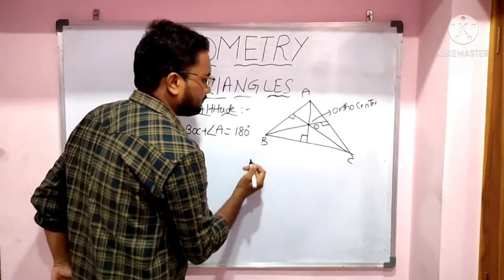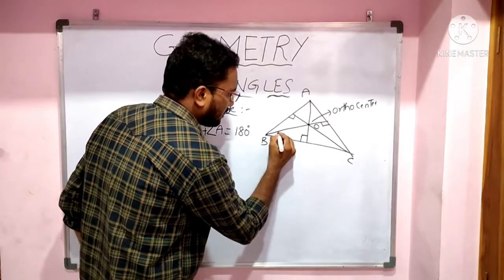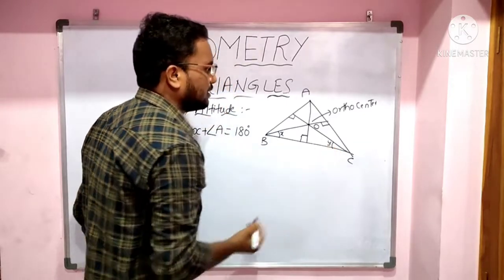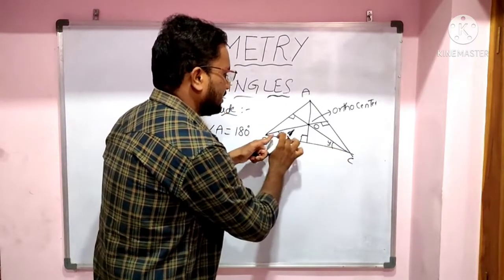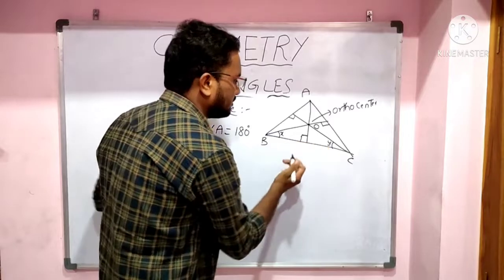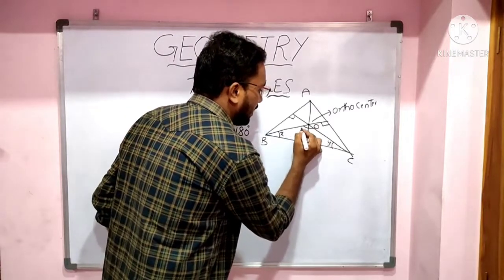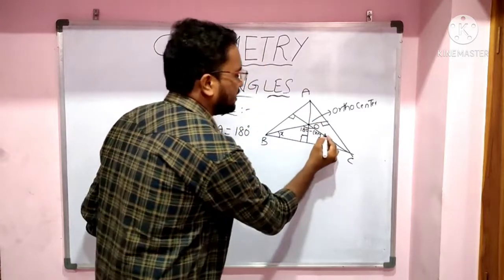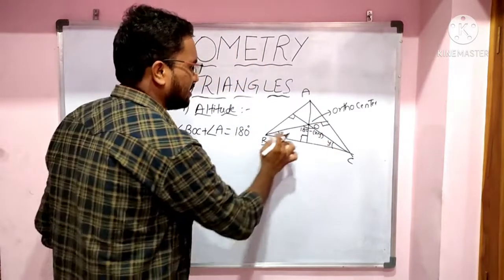How did we get this? Let us say this is X and this is Y. So angle BOC should be 180 minus (X plus Y).